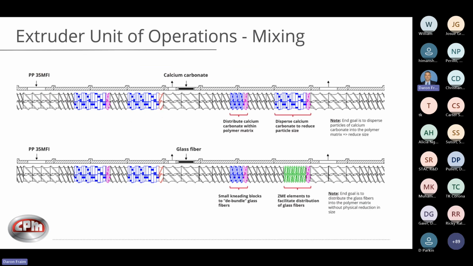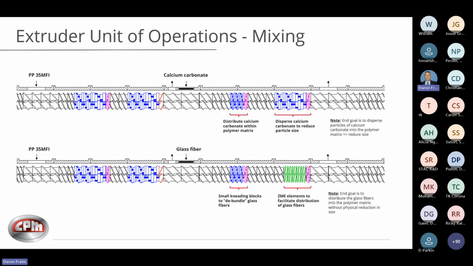So here, for example, the top example is calcium carbonate, side feeding at barrel 5. You can see here in the first section, I'm distributing the calcium carbonate, and then in my very last section downstream, I'm dispersing the calcium carbonate. Now there is a debate on which one you do first and what's recommended. Do I distribute first, disperse second, or vice versa?